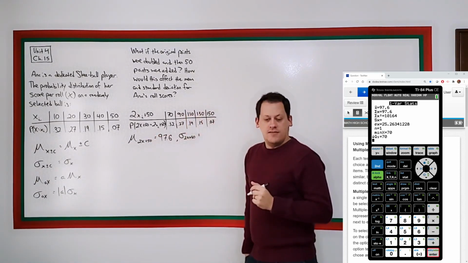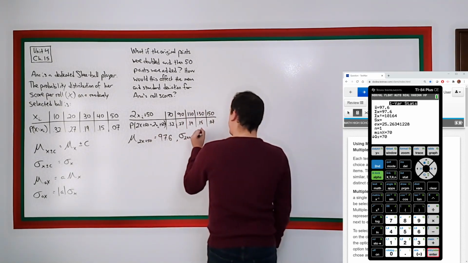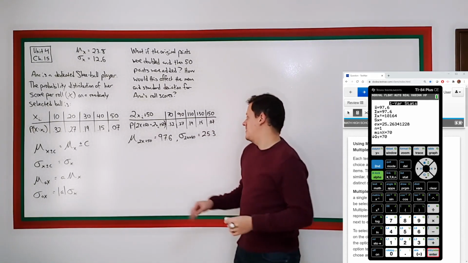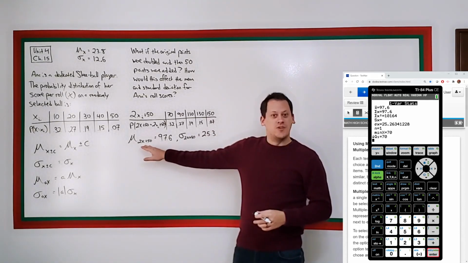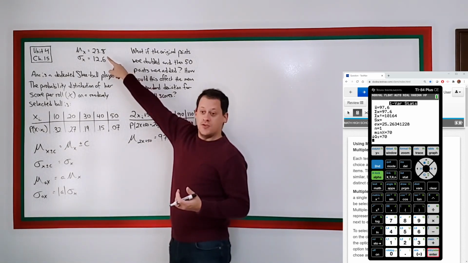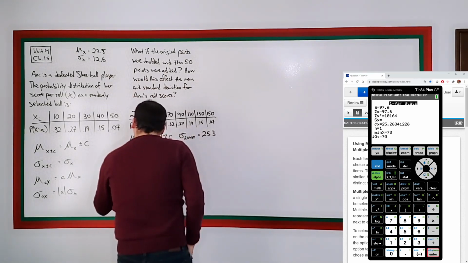And the standard deviation, 25.3. So as you may have guessed, the mean of 2x plus 50 is twice the original mean, 23.8, plus 50. It's exactly what we would have thought.